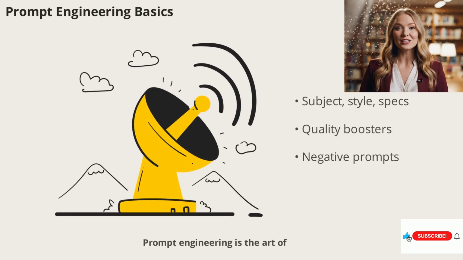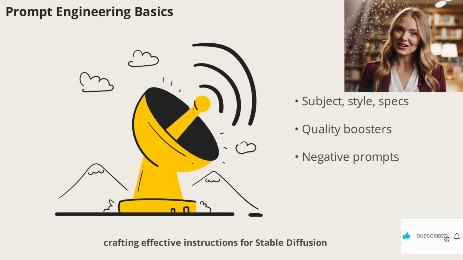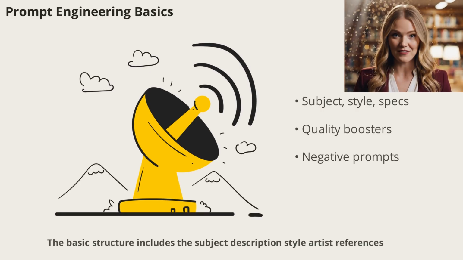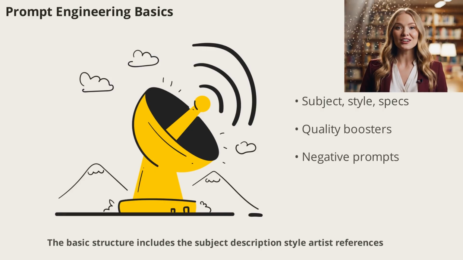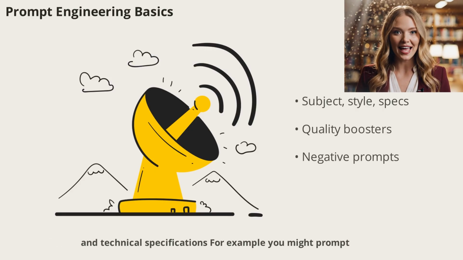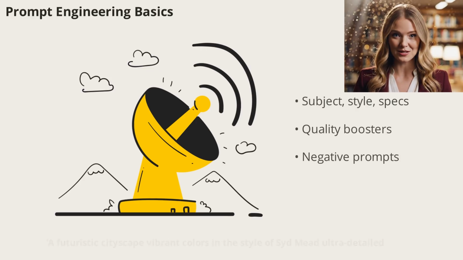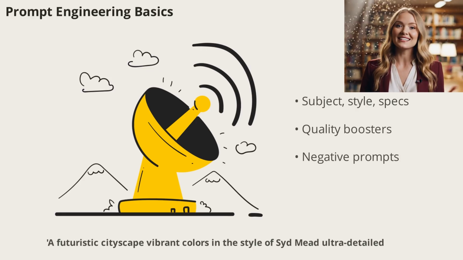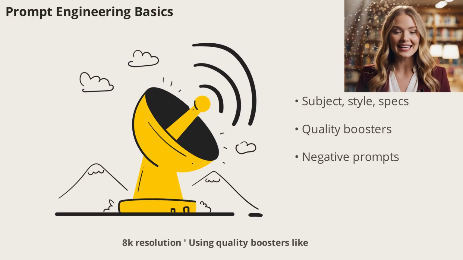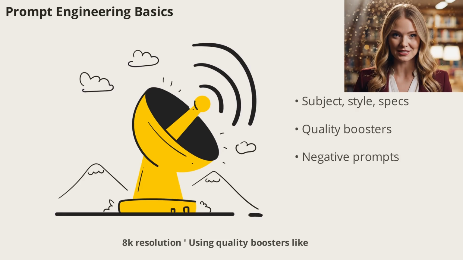Prompt engineering is the art of crafting effective instructions for Stable Diffusion. The basic structure includes the subject, description, style, artist references, and technical specifications. For example, you might prompt: a futuristic cityscape, vibrant colors, in the style of Syd Mead, ultra-detailed, 8K resolution.